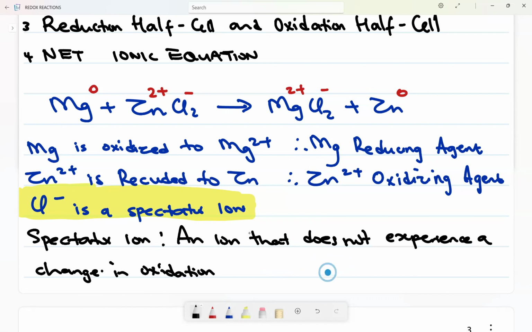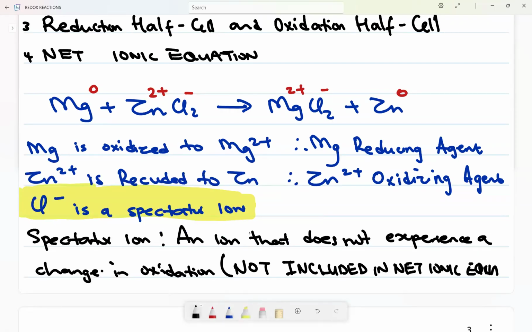Okay. By the way, these spectator ions are not included in the net ionic equation.